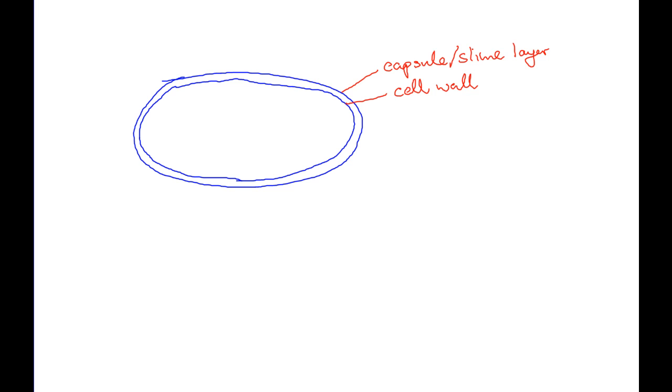Inside that cell wall then, I will just draw it in a different color just to be clear, you would have the cell membrane. So cell membrane then, just inside the cell wall, as you'd expect.